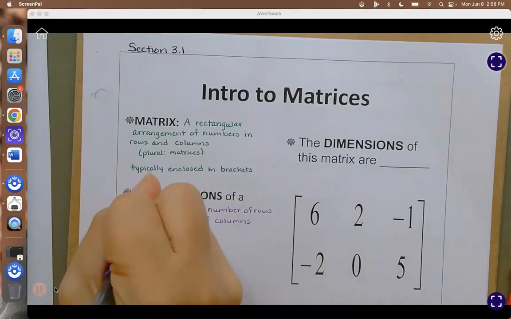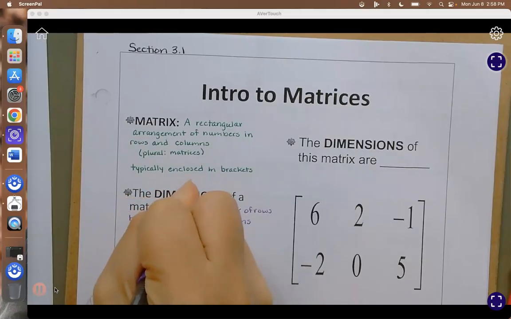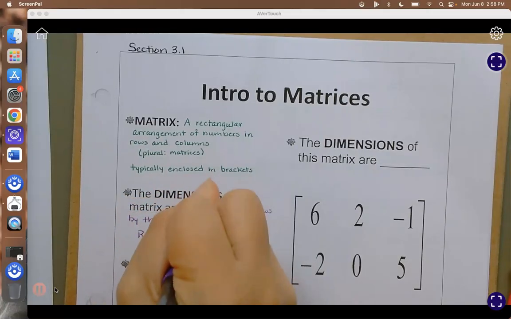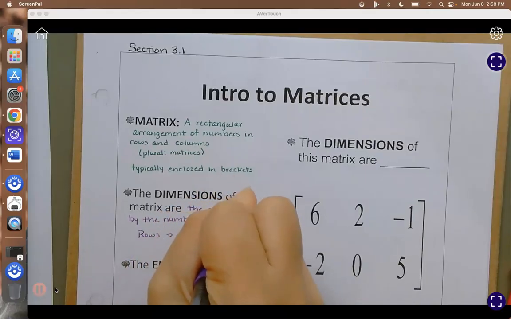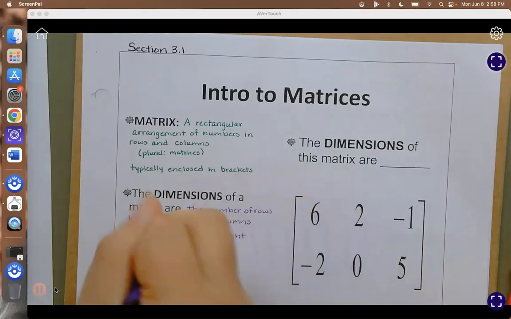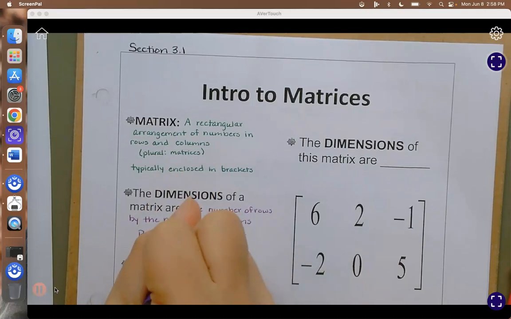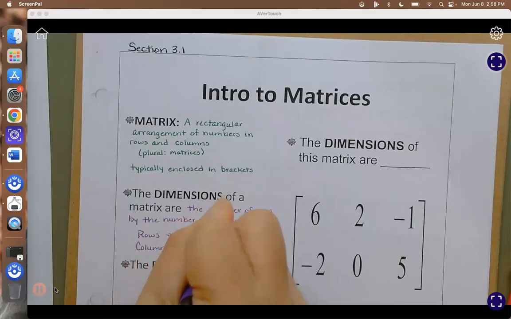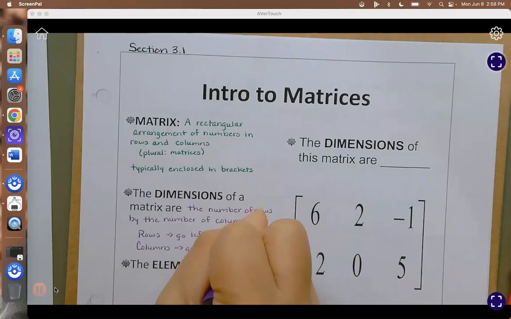Now, please remember that rows go left to right, and columns go up and down.